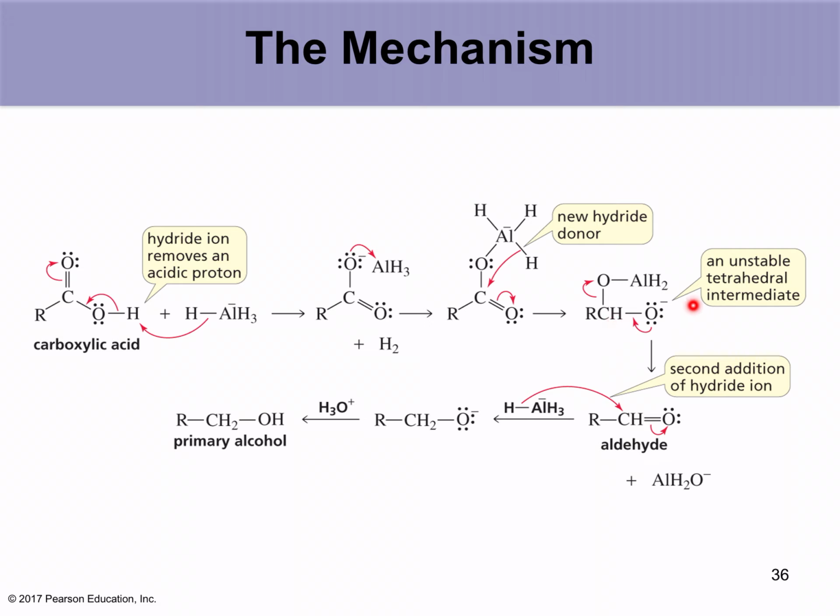But this is an unstable tetrahedral intermediate. So it's going to reform the carbonyl group. It gives 2 electrons to this bond to form a pi bond, and then this group is removed and you form an aldehyde. And then with another molecule of aluminum hydride, H minus, the aldehyde can react with another hydride, reacting with the carbonyl carbon, pi bond opens, forms the alkoxide ion, add the acid and then it becomes a primary alcohol.